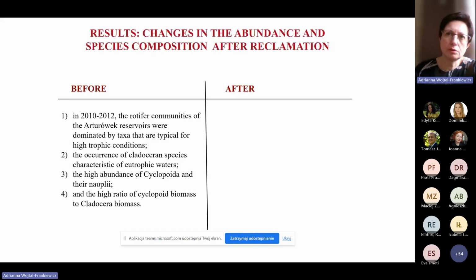This is because eutrophic lakes provide favorable food conditions for many omnivorous Cyclopoida species, including the availability of detritus and bacteria for the juvenile forms.